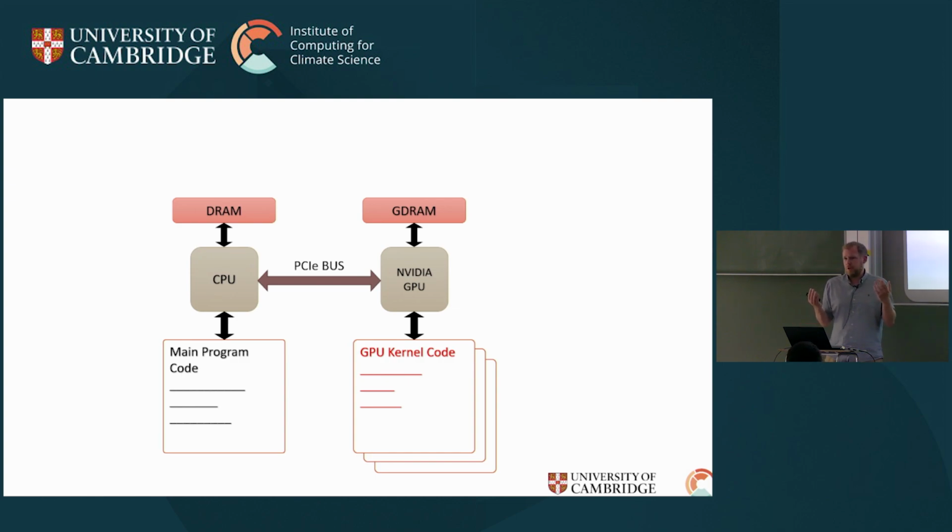It's going to be reasonably harmonious between the two. They're going to look similar in terms of how you write the code, but there is going to be this process where, at some stage, something will be compiled for the CPU, and then for this totally different GPU architecture, the kernel code is going to get compiled and put on the device. And the way that's going to happen is it's going to get moved there and then executed.